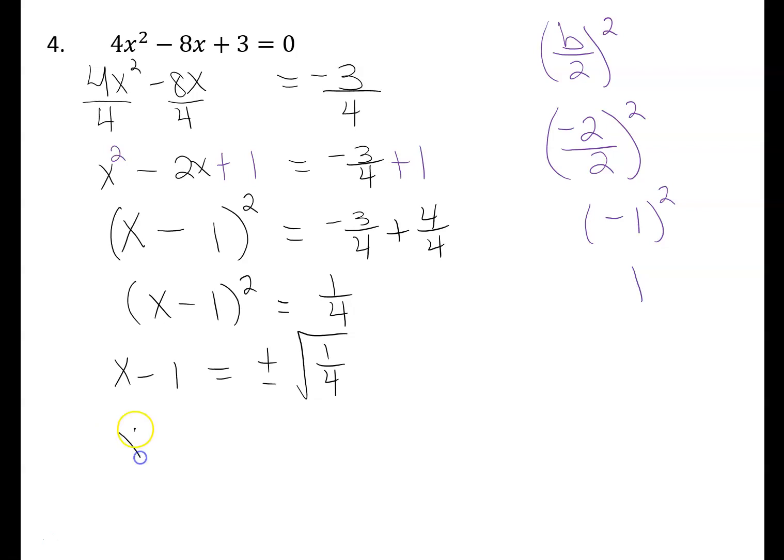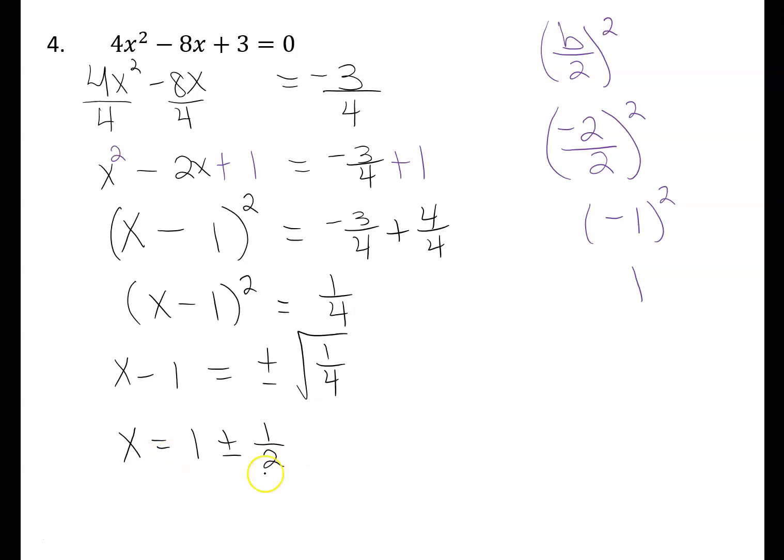And on the next step, I'm going to go ahead and add the 1. 1/4 is a perfect square. When we square root the 1 on top, we get 1. And we square root the 4 on bottom, we get 2. And the radical comes off because both the top and the bottom were perfect squares.